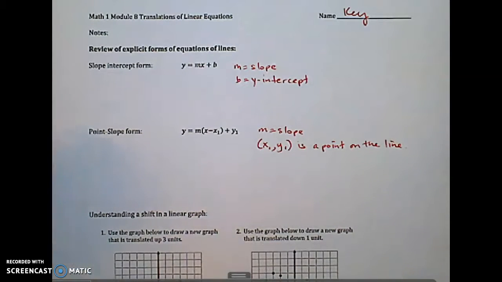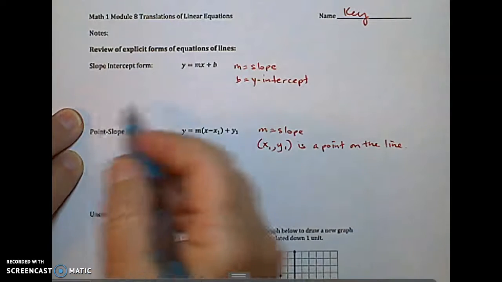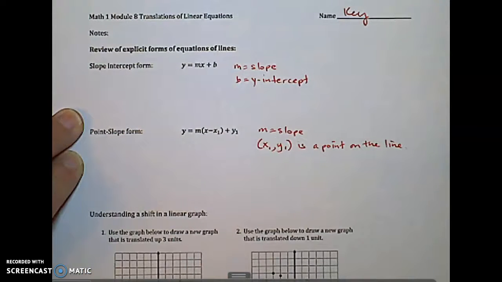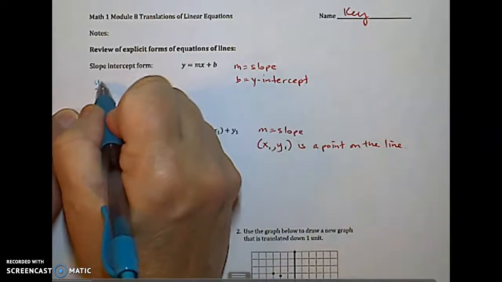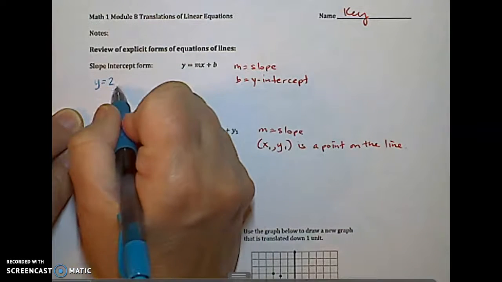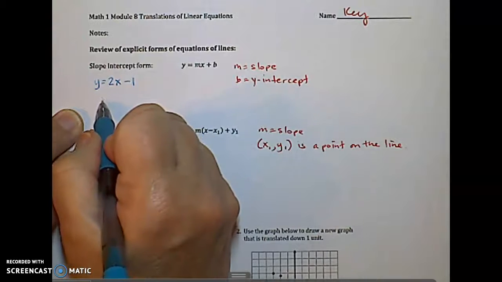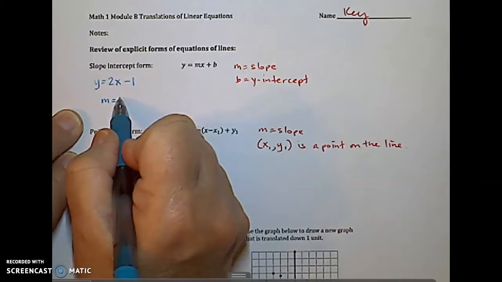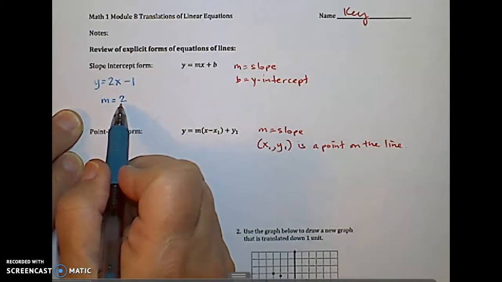So our first one, let's say we have a line, we have either a graph that's drawn, we could get the slope and the intercept off the graph, or let's say we just have a line y equals 2x minus 1. Basically that tells us that our slope is 2, rise of 2, run of 1.